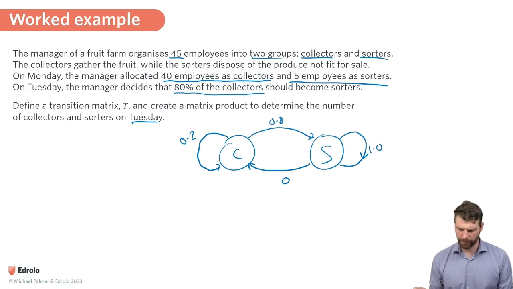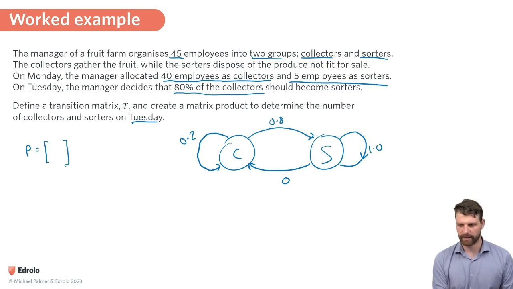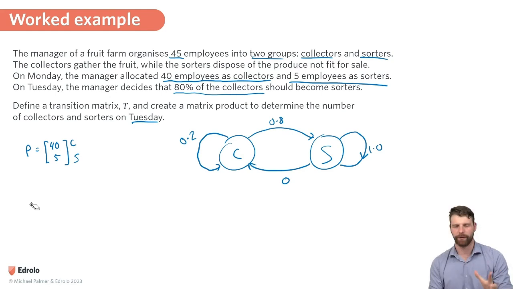If I want to represent these things, let's say P is the population of collectors and sorters, and that's going to start at 40 collectors and 5 sorters. I find it easy to think about what the final answer should be.